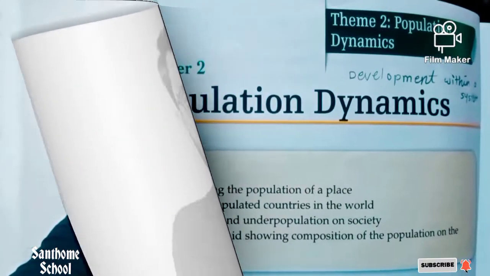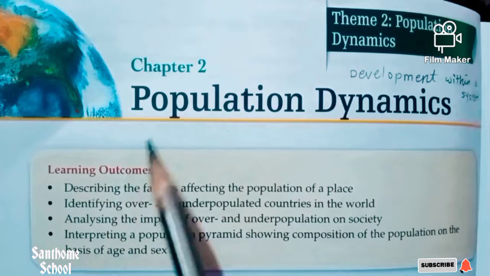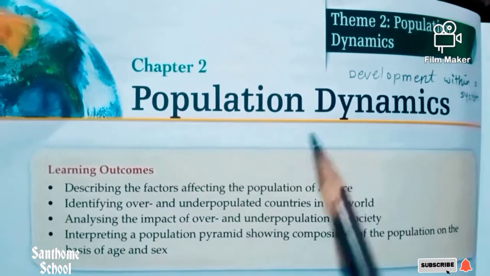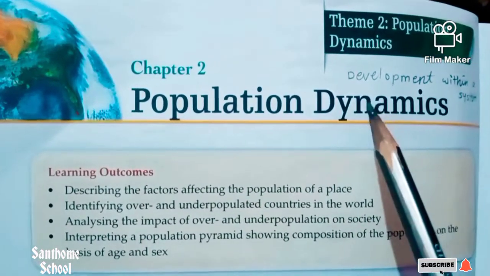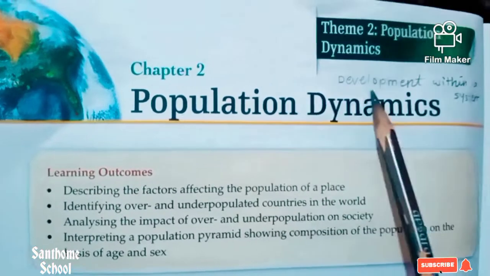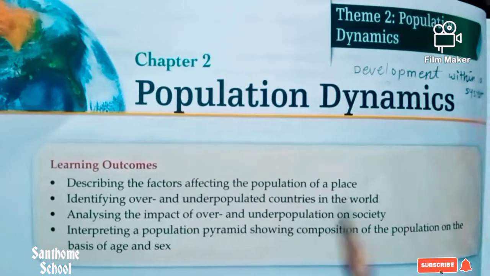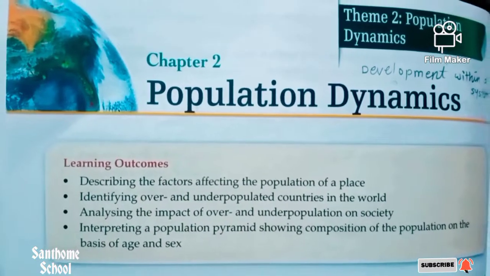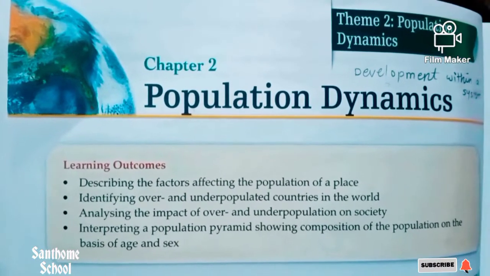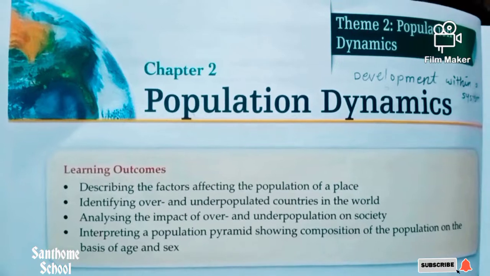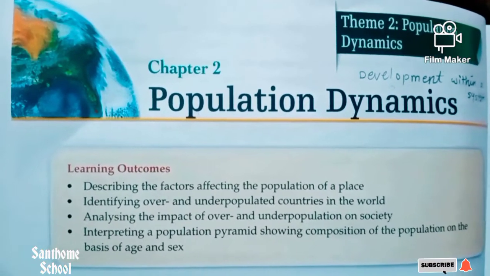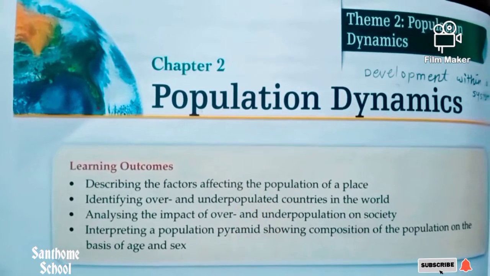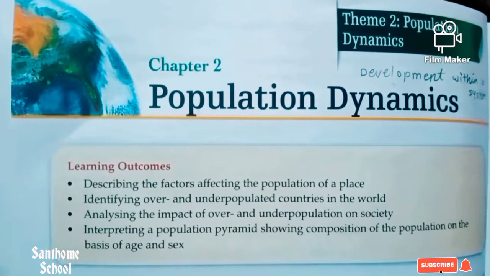Let's now focus on population dynamics. Dynamics means the development within a system, and here the system refers to population. So how over a period of time there was a gradual development in the population, we will be discussing thoroughly.